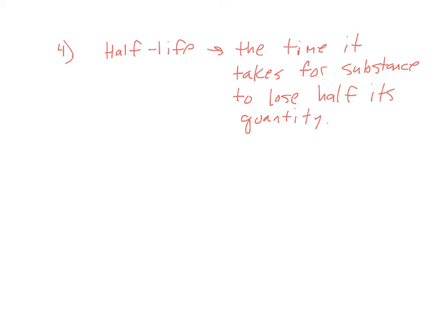Well, typically I can't find this until I have the equation. The equation will look like y equals ab to the x power, where a is my initial amount, and b is the common ratio, which has the decay rate in it.